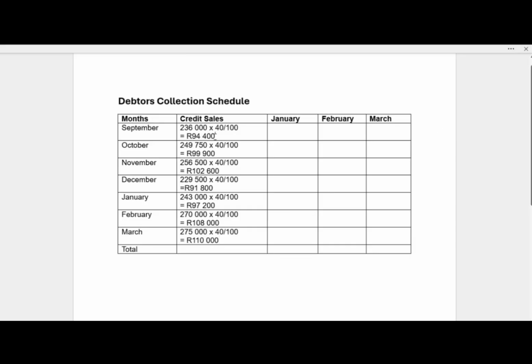So when we collect, we're going to collect from this amount. From there, and then for October, we're going to collect from this amount.